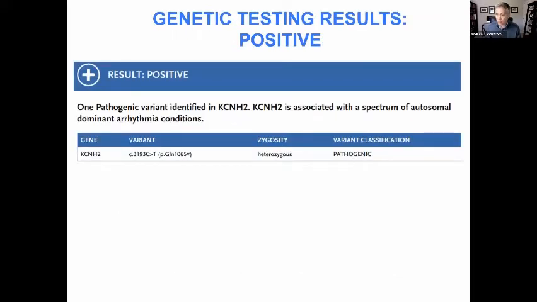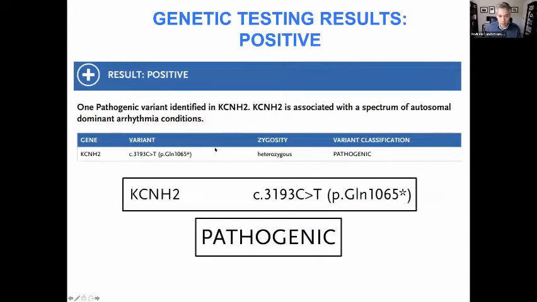So this is an example of a KCNH2 mutation. And this is a copy of the genetic test report that comes back to the physician like this. It says, result positive. Tells you the gene, KCNH2. It tells you the variant. And it tells you this is pathogenic. Okay?